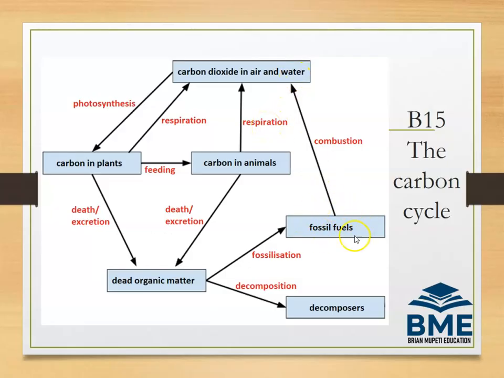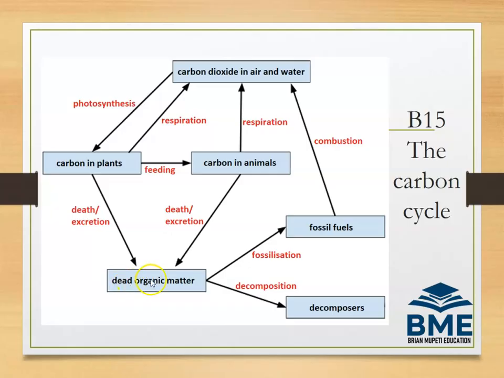Fossil fuels can also be burnt to release carbon dioxide in air and water through combustion. Carbon in plants can become carbon in dead organic matter through death or excretion. The carbon in animals can also become carbon in dead organic matter through death or excretion.